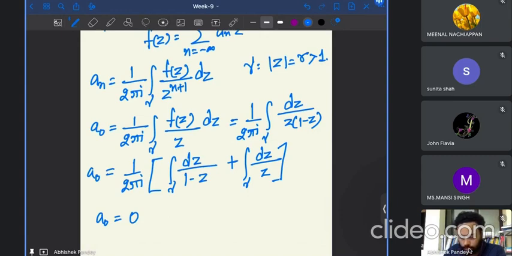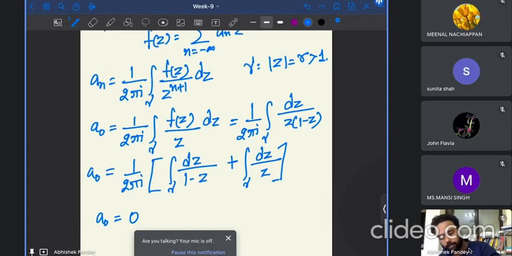How will this a naught be 0? Can you tell me? So this gamma is basically r. Any r you can take, so you can just take r equals 2, whatever you want.